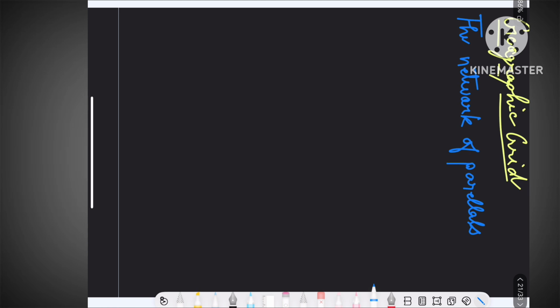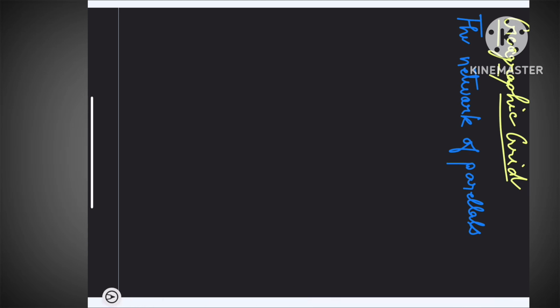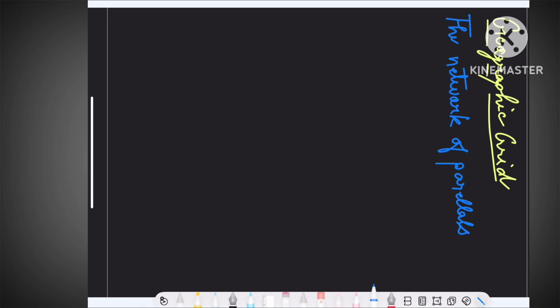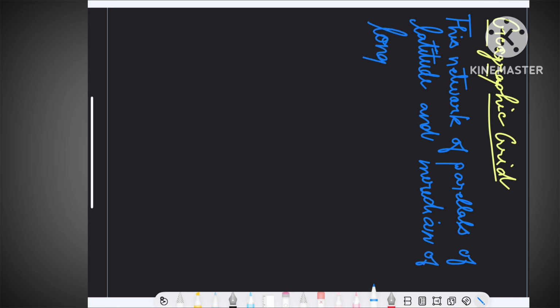Then see, this network of parallels of latitude and meridians of longitude is called the geographical grid.